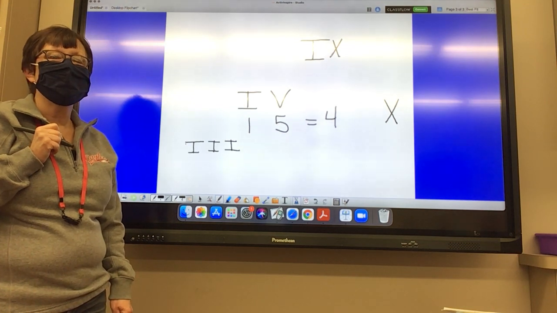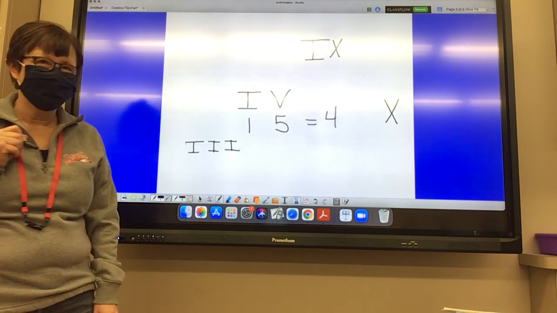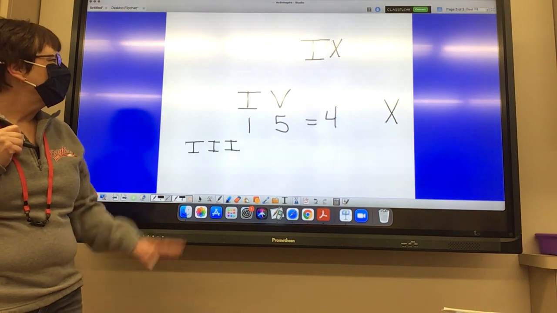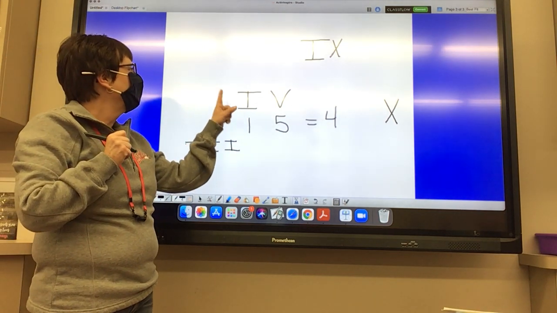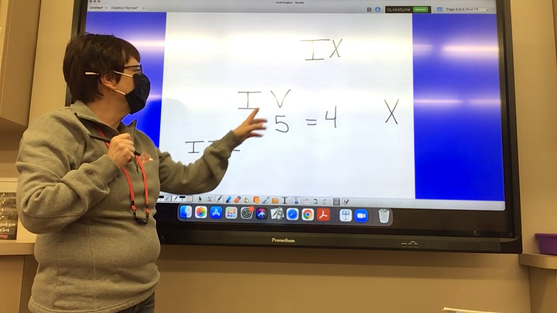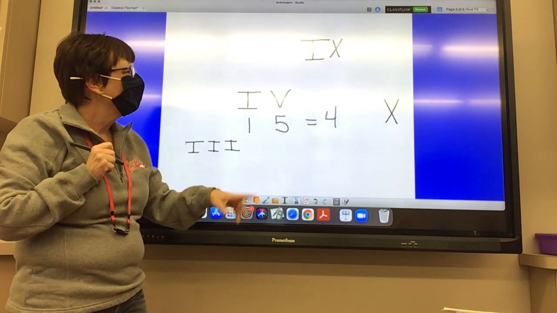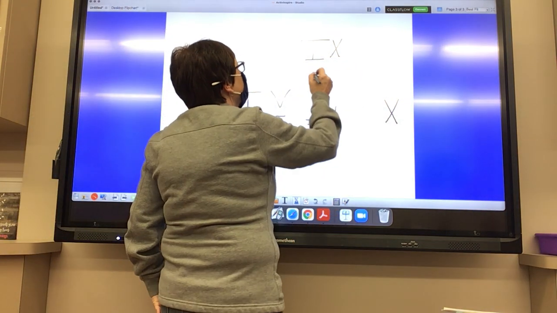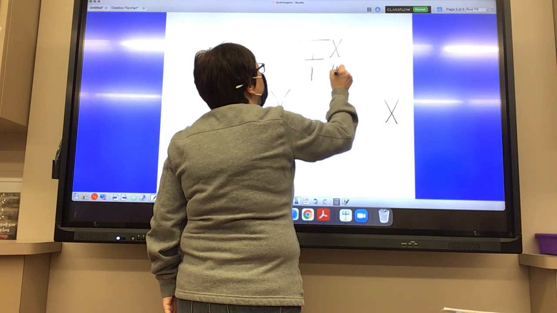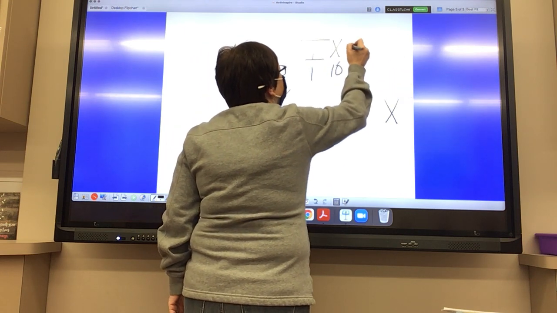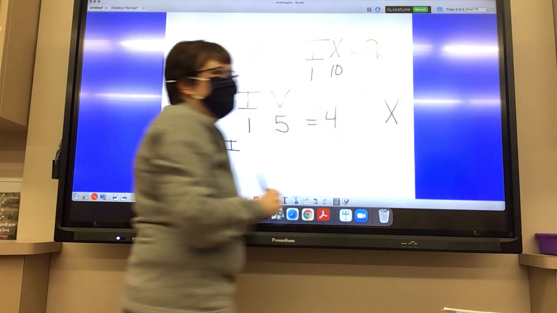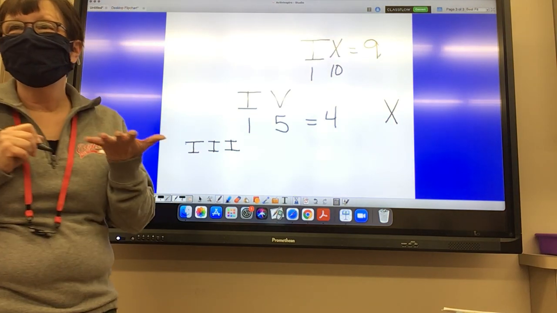No. Santiago? 9. It's 9. Because just like here where you have the I and the V, where you have to subtract to get the number 4, you do the same thing here because this is a 1 and a 10, and you have to subtract it to get that number. That's how the system works.